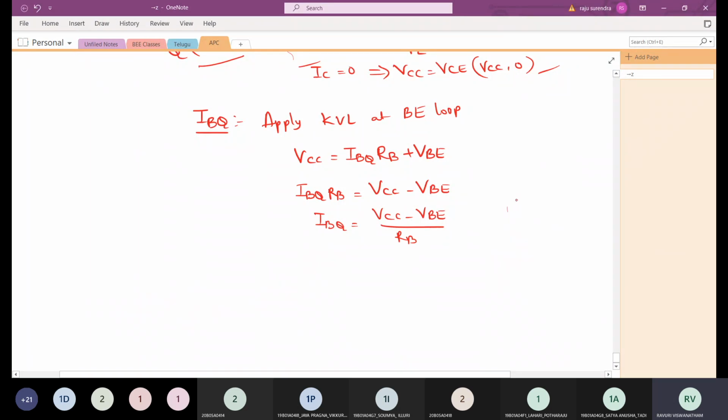If you want, we may consider VBE as 0.7 volts. If you substitute here, then the expression is VCC minus 0.7 by RB. All of you understood? Okay. And this is a common emitter configuration, right?